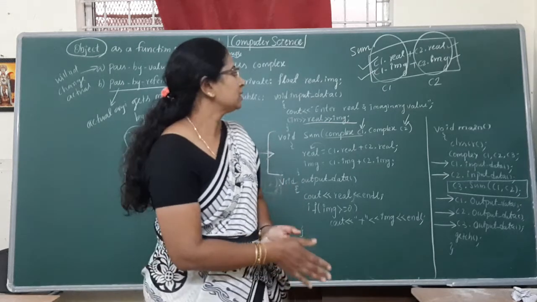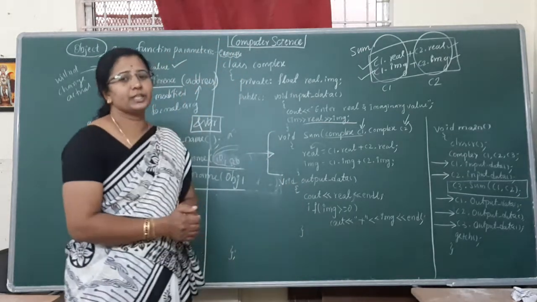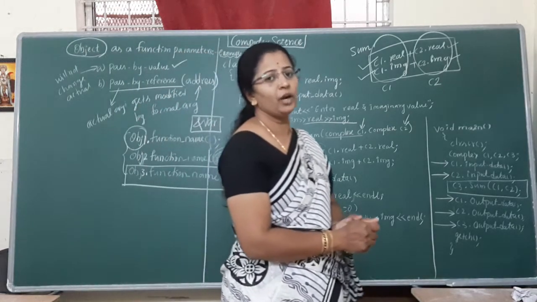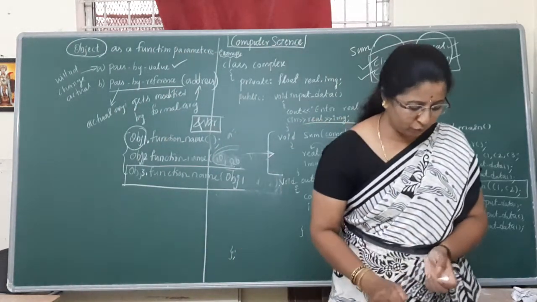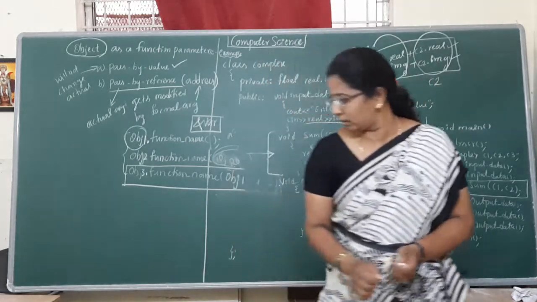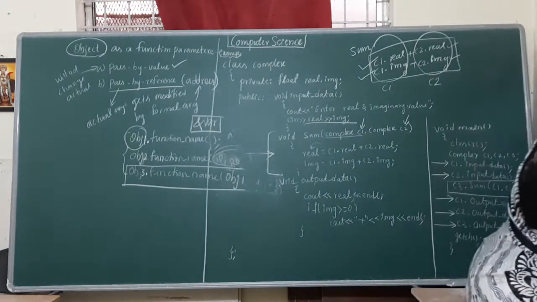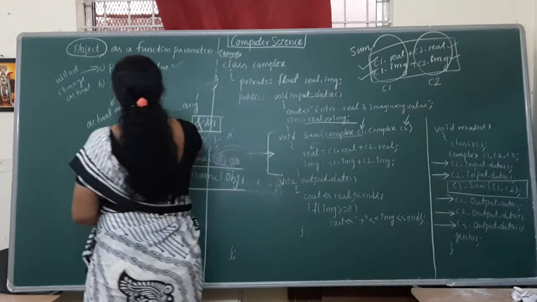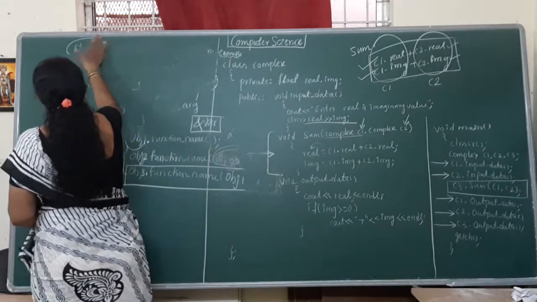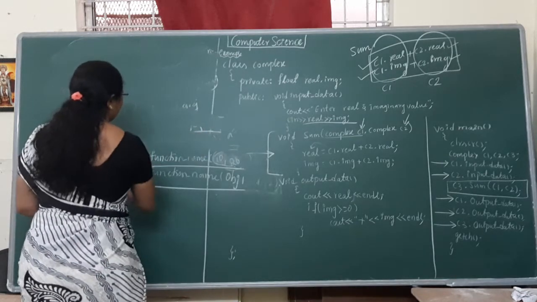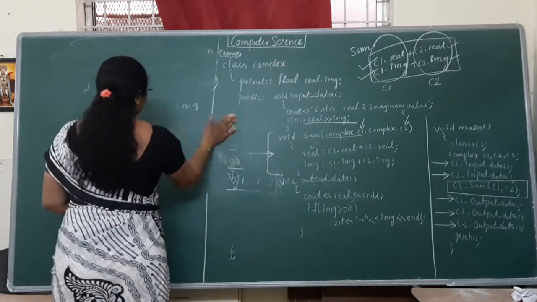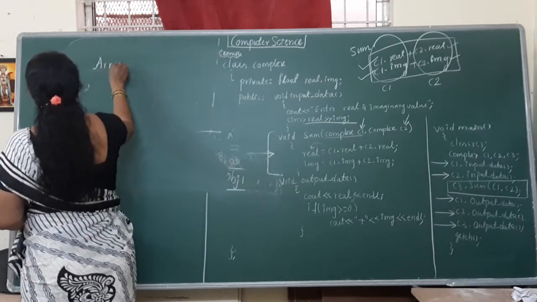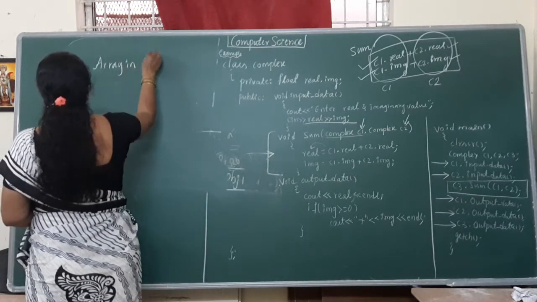Okay students, this is about objects used as function parameters in classes and objects. And we are left with a small topic that we have used in your program, that is arrays in classes.